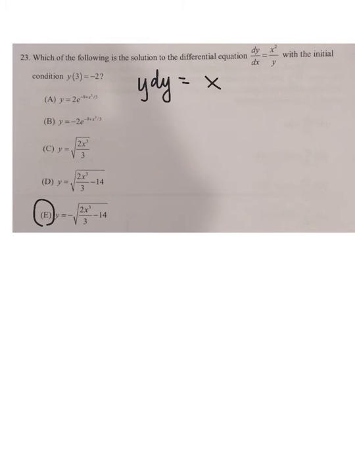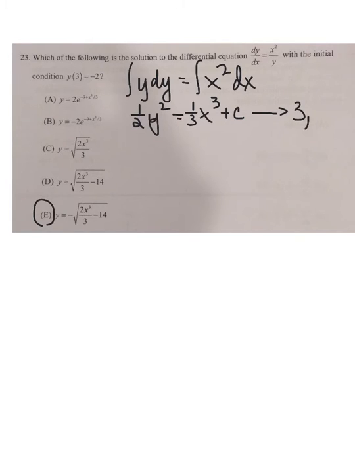equals x squared dx. Remember, we're going to integrate both sides, and that's going to give us 1/2 y squared equals 1/3 x cubed plus c. Right here, I got the y by itself. I'm going to plug in the point that they gave me, which is (3, -2), and that's going to help us find our c value.